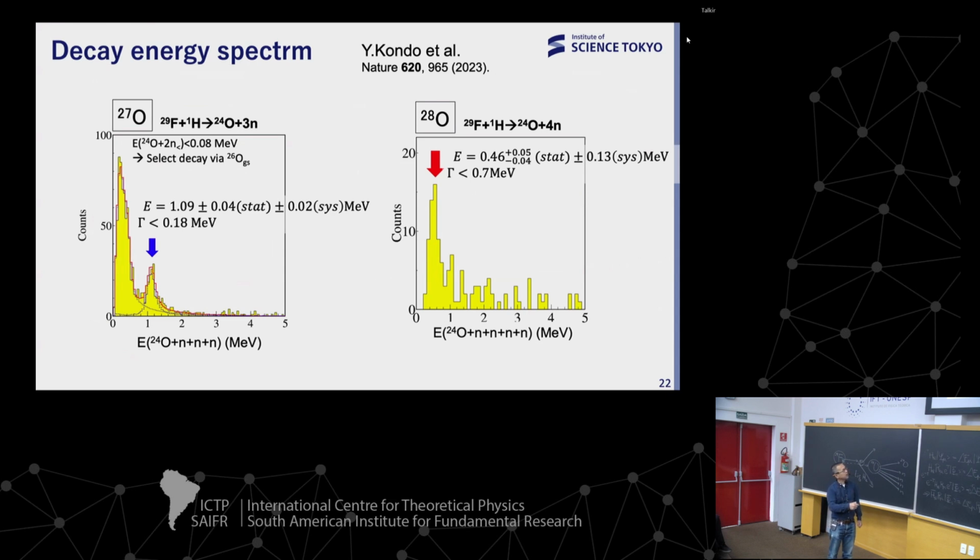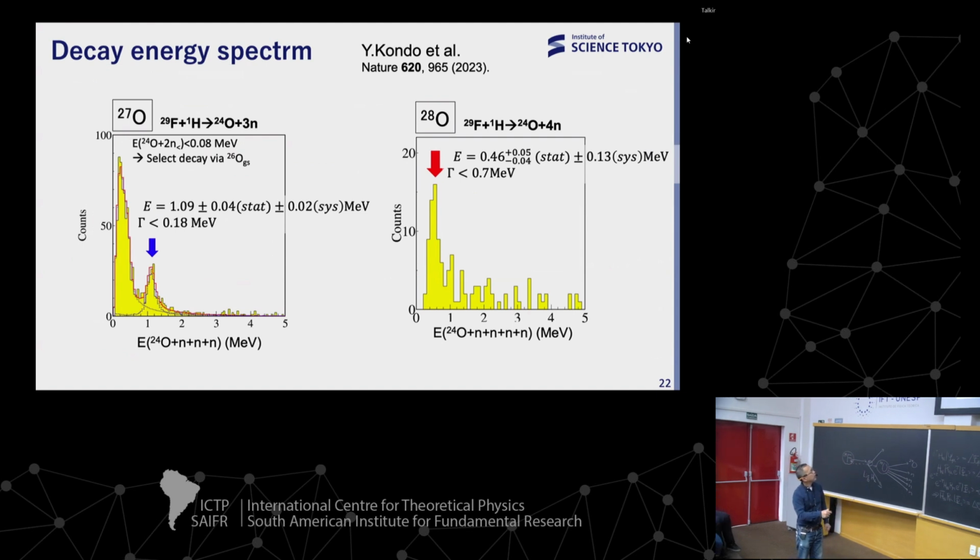So this is the first, I think, successful experiment for measuring 3 neutrons and 4 neutrons in coincidence. Anyway, for oxygen 27, we identify this small peak as the ground state of oxygen 27. And the width is less than 180 keV.